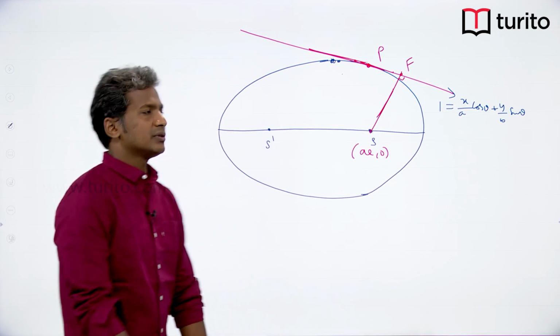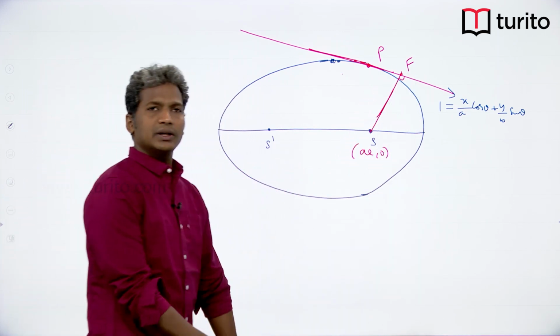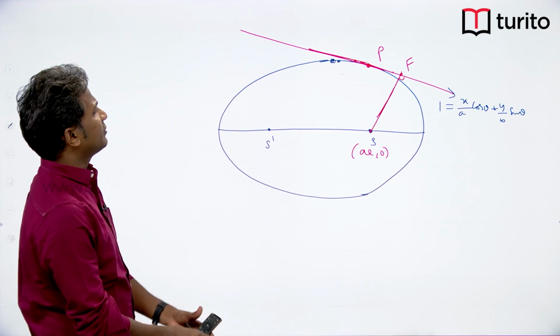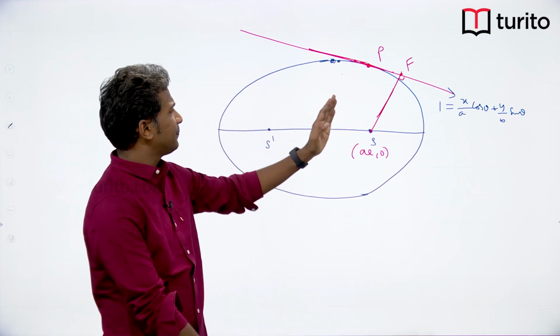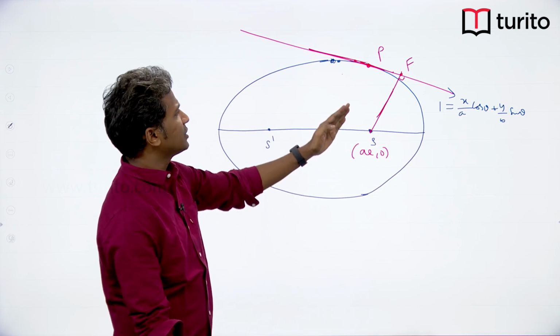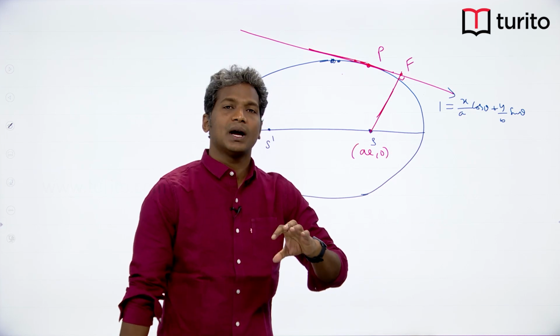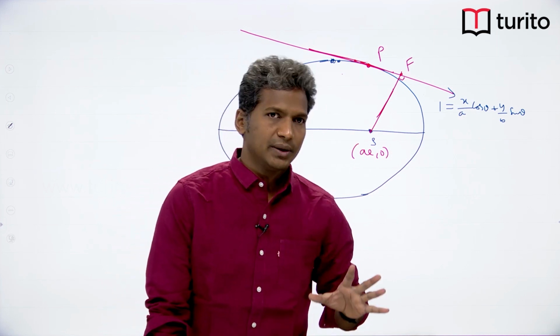That is the equation of the tangent, and we need the foot of the perpendicular. We can find the equation of the line passing through this focus and perpendicular to that line, solve for the point of intersection, and find the locus. This could be one method.